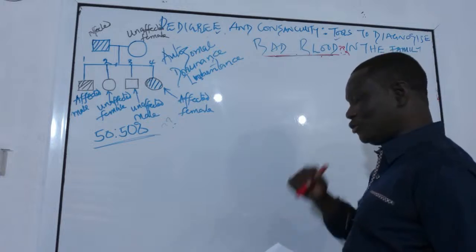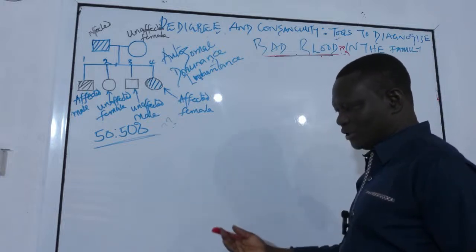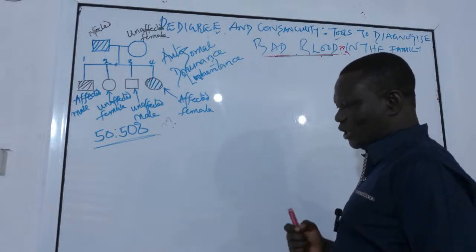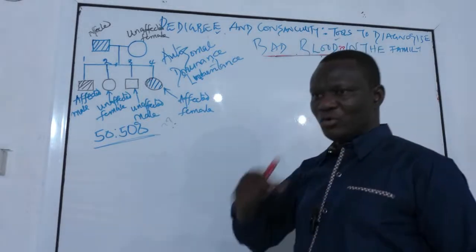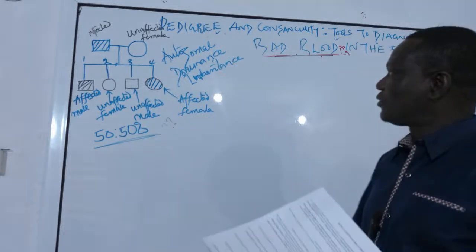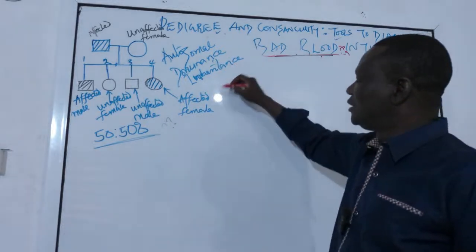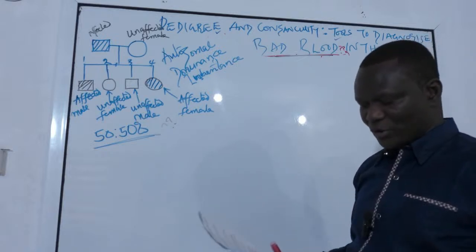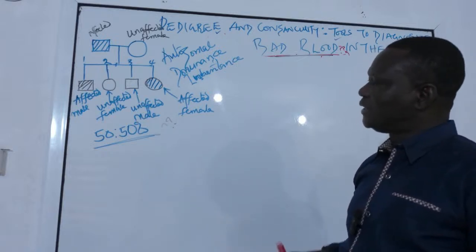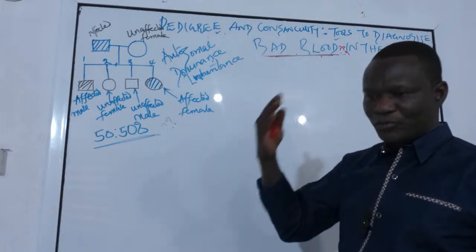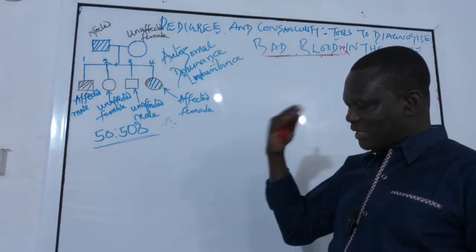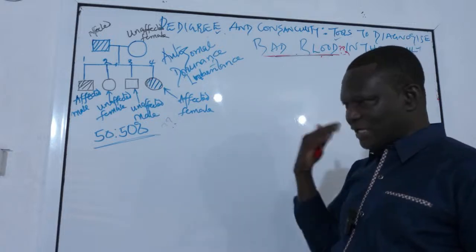So what you can do is offer counseling. Don't forget that in genetics, we believe in good breed. That was what Mendel was telling us at that time. We believe we must be able to improve the next generation.